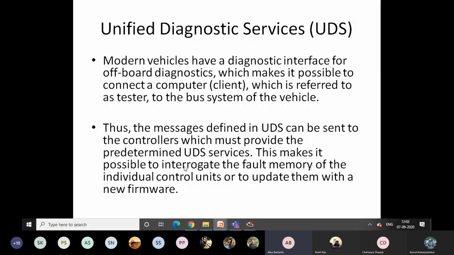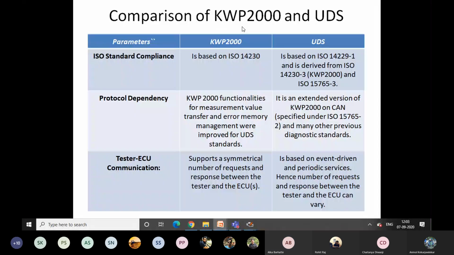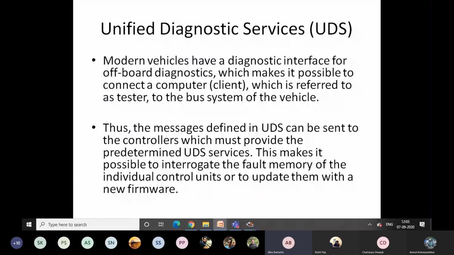This makes it possible to interrogate the fault memory of the individual control unit or to update it with new firmware. Okay, the meaning of this is that through this you can directly get the data in offline mode and perform the diagnostics on it. This is all about your KWP and UDS.